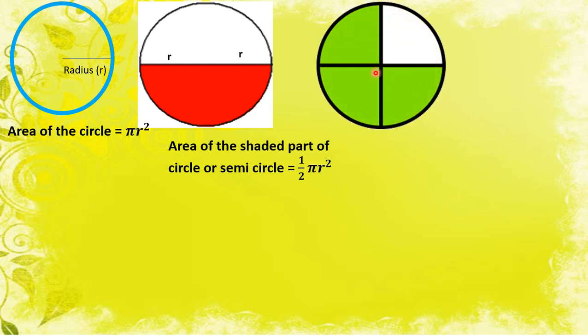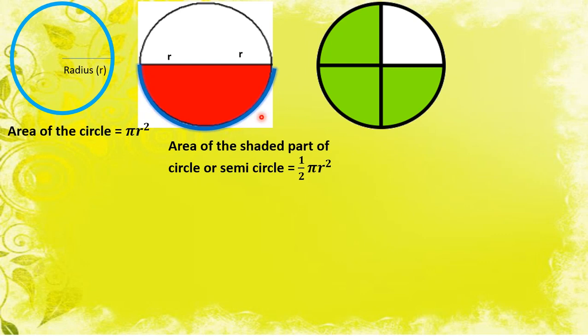Now if we are given a circle divided into 4 equal parts, what will be the area of this part? Let us consider this figure.